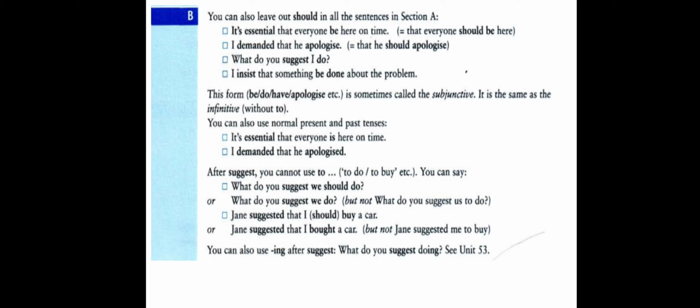And should is dropped or hidden, understood. We don't need to use it. So we keep the base form in the sentence. That's why apologize remains the same as a base form, because should is hidden, understood.